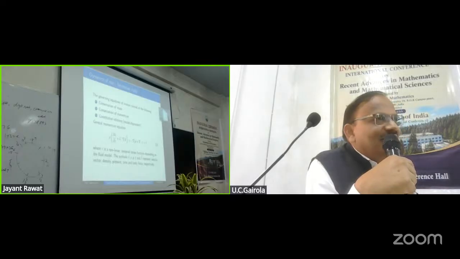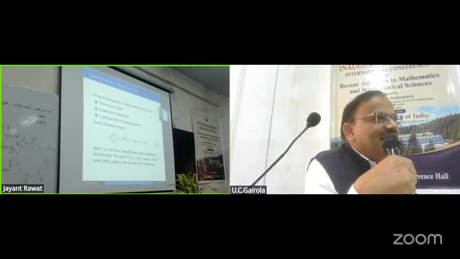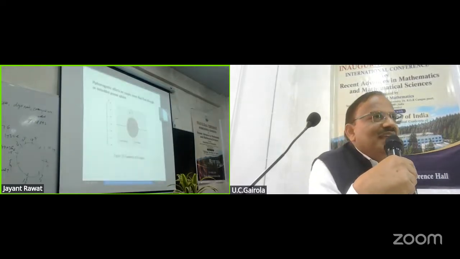So this V dot del V part will be the complicated part in solving the problem. And then the pressure gradient is there, and the divergence of the stress will be there. That should also be a vector quantity, because the left-hand side is a vector, so the right side should also be a vector.